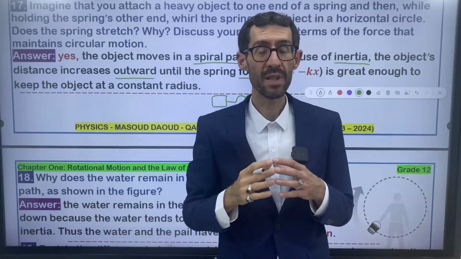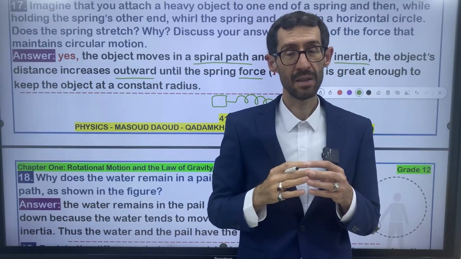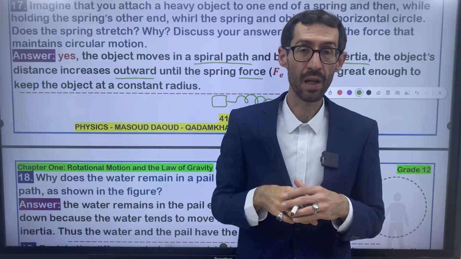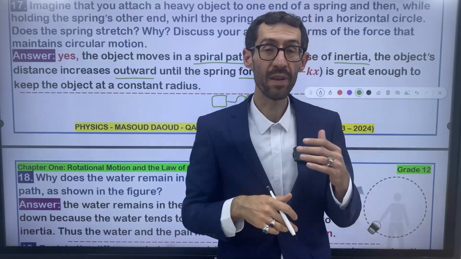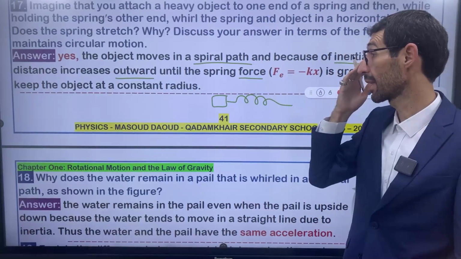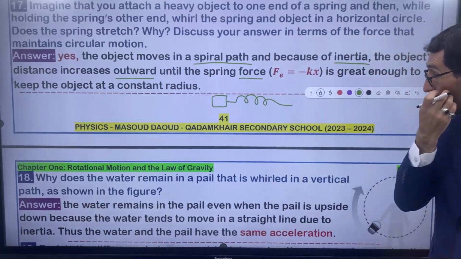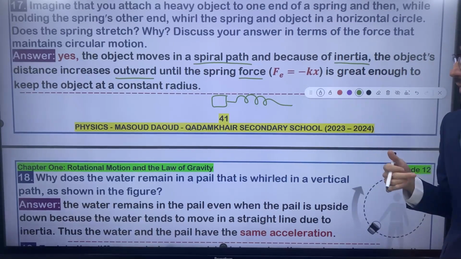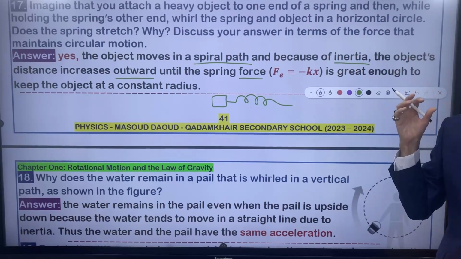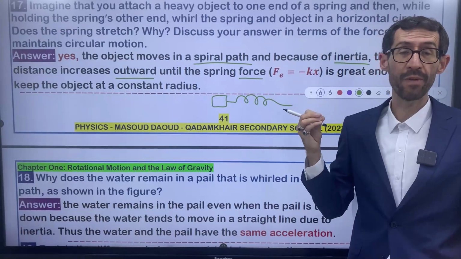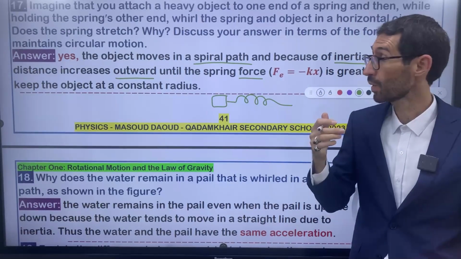So what force keeps the radius of a circular track constant? Of course, the force within the spring, and this force is called elastic force. Elastic force provides the constant radius for a circular track.